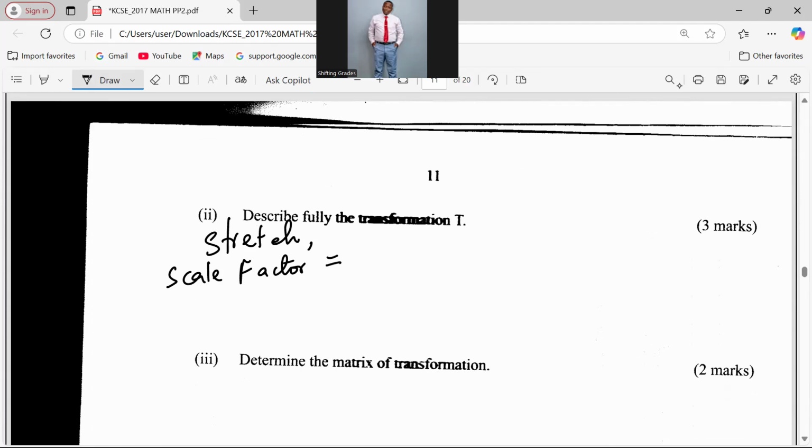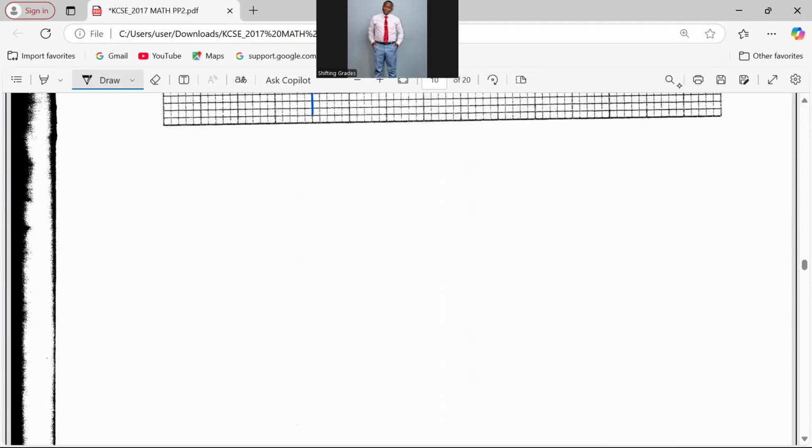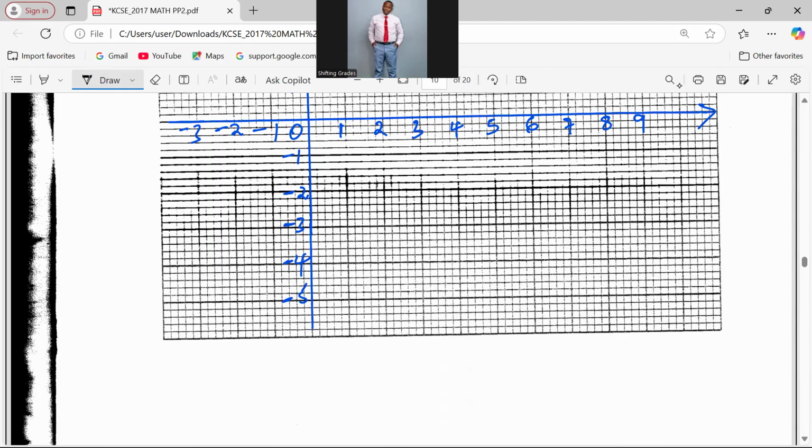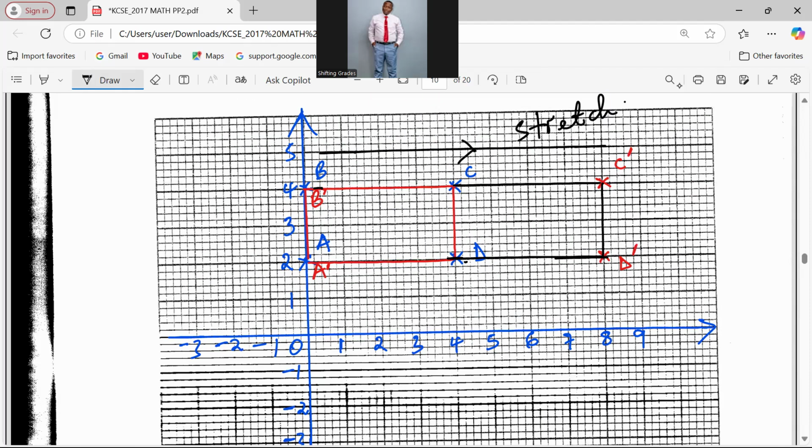At this point we have to consider the new B to the new C divided by BC originally. So let's consider these two lengths.